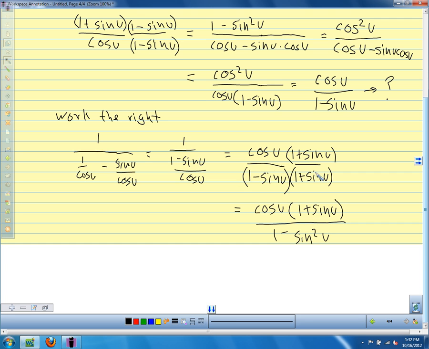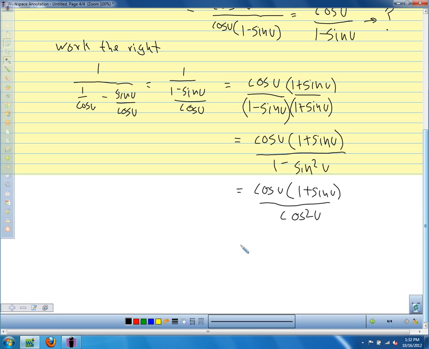My first is 1, outside is sine u, inside is minus sine u, and minus sine squared u. 1 minus sine squared u is cosine squared u. So I get cosine u times 1 plus sine u over cosine squared u.